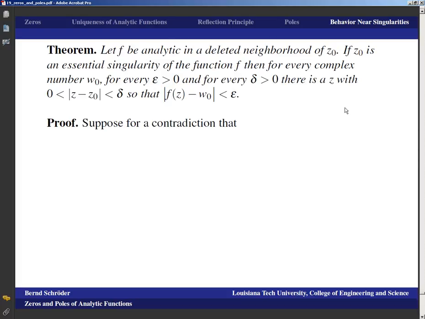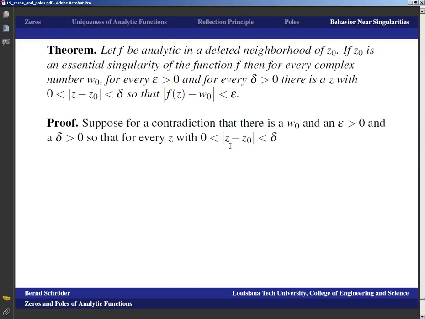The proof, well, suppose for a contradiction that this is not true, and what would that mean? That would mean that there is a w0 and an epsilon and a delta, so that for every z that is closer to z0 than delta, we have that the absolute value of f of z minus w0 is greater than epsilon, so that f of z is away from w0.